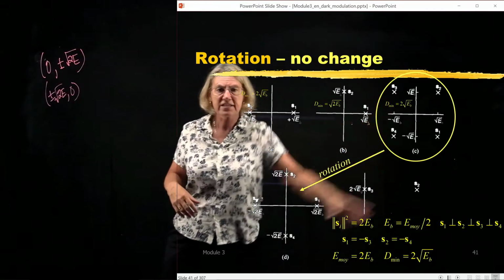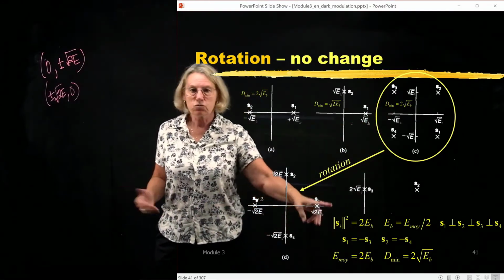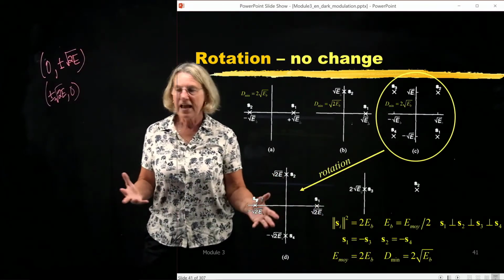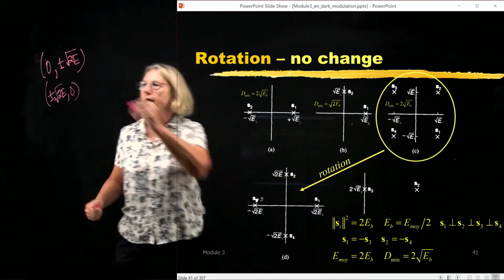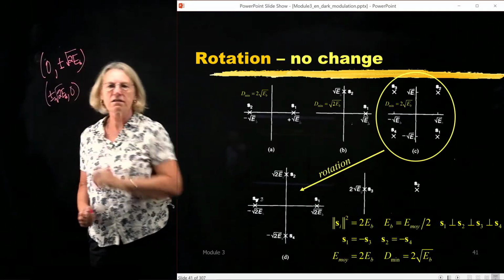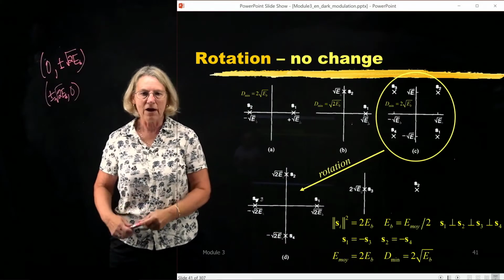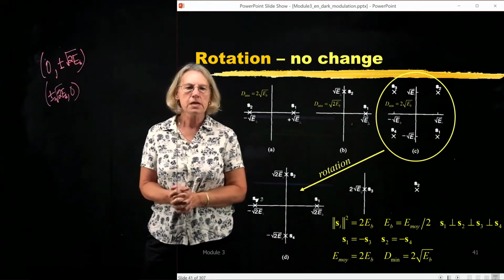Just like they were here, they still are here. So nothing has really changed. And these are indeed the average energy per bit. So I was a little coy, but really putting the B there makes sense, because if I put the B there, the average energy per bit does come out to be correct.